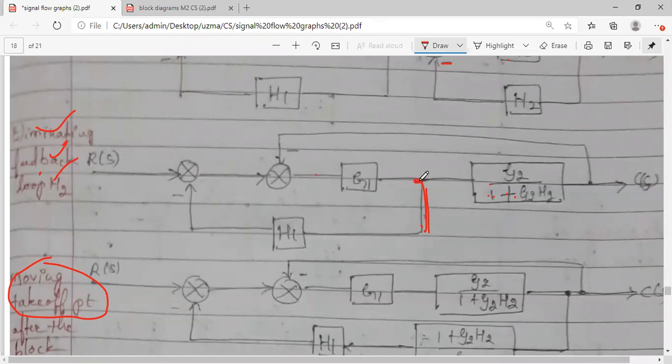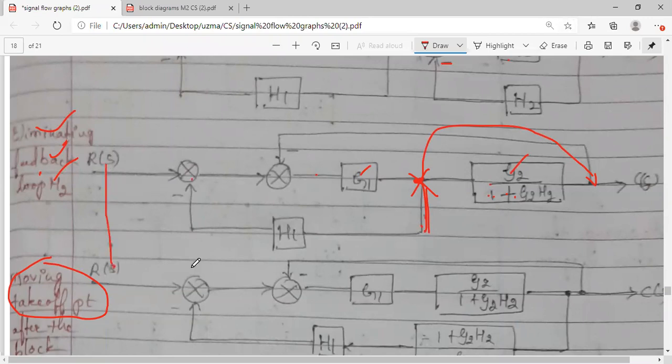So the better thing would be if I shift this takeoff point after the block. Okay, if I do that, what convenience I will get? ये जो दो blocks है वो series में मिल जाएंगे. I can reduce further. Okay, so that's why the better rule that I can apply will be moving the takeoff point after the block. So that I have done here.